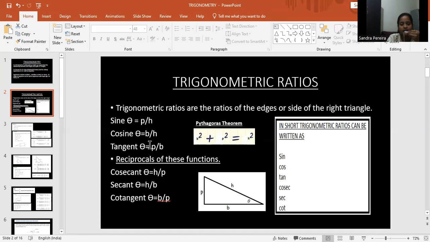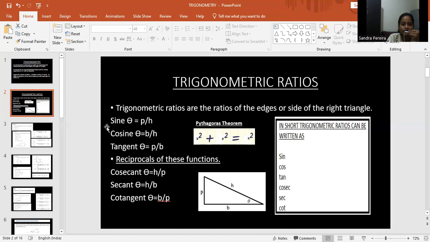Means Pandit Badri Prasad will be in the numerator, Hari Bol will be in the denominator. And we know sin, cos, tan are three important trigonometric functions. So sin of angle theta will be P by H, cos of angle theta B by H, tan of angle theta will be P by B. That is Pandit Badri Prasad Hari Bol.